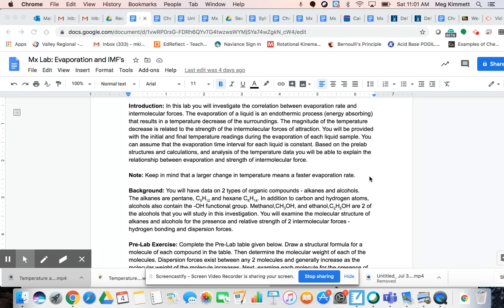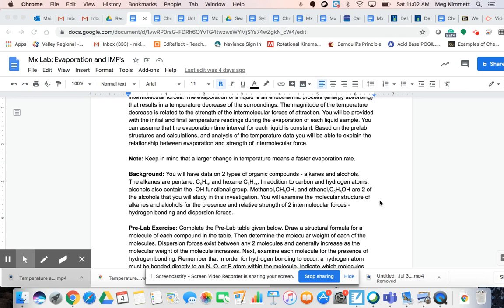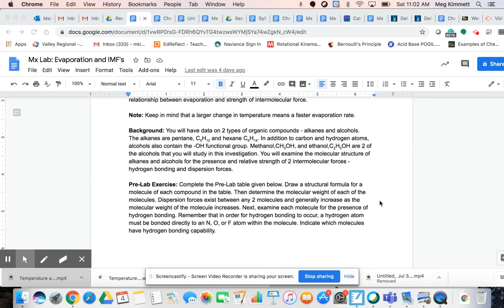So we can say that a large change in temperature is a fast rate. And you also want to keep in mind the fact that a liquid will evaporate faster if it has weak intermolecular forces. So keeping those two facts in mind might help you analyze this data a little bit easier.